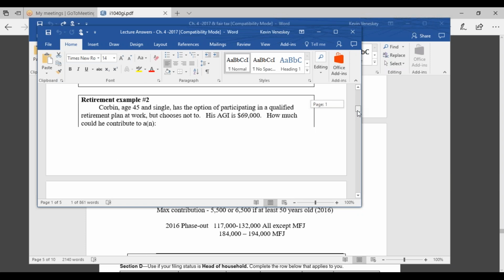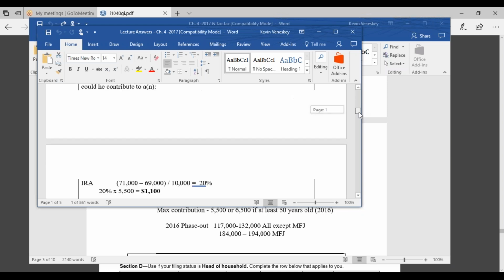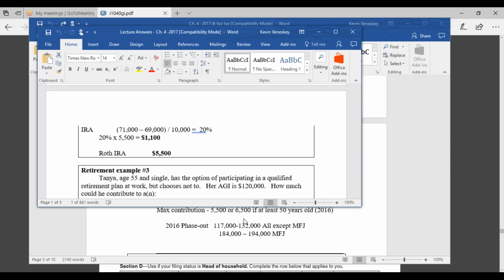Example number 2. We have a person age 45, so that tells us he's in that lower number, the 5,500 option. He has the option of a qualified plan at work. AGI is 69,000. All right, so with the IRA, he falls in that first cap range. Remember, if you have a plan, you fall within the first phase out range, and the high number was 71.